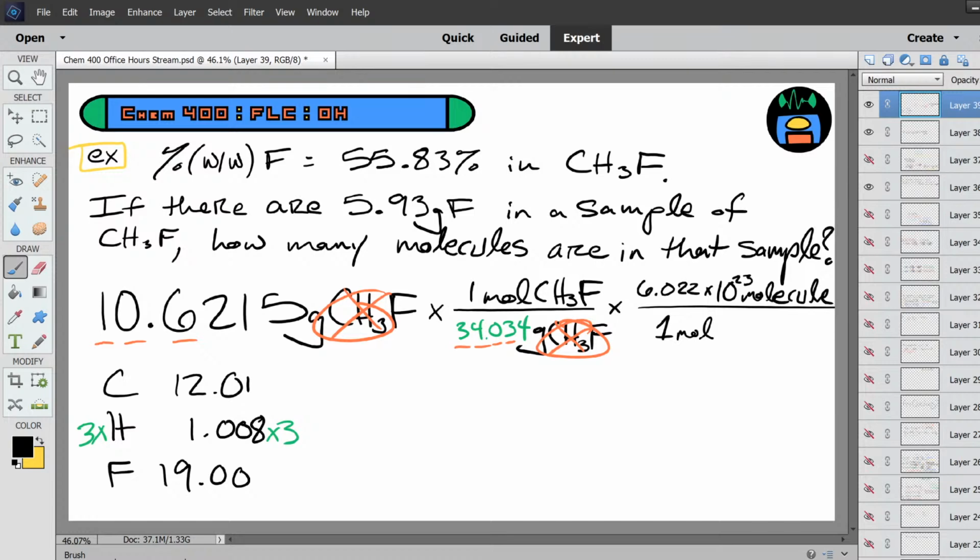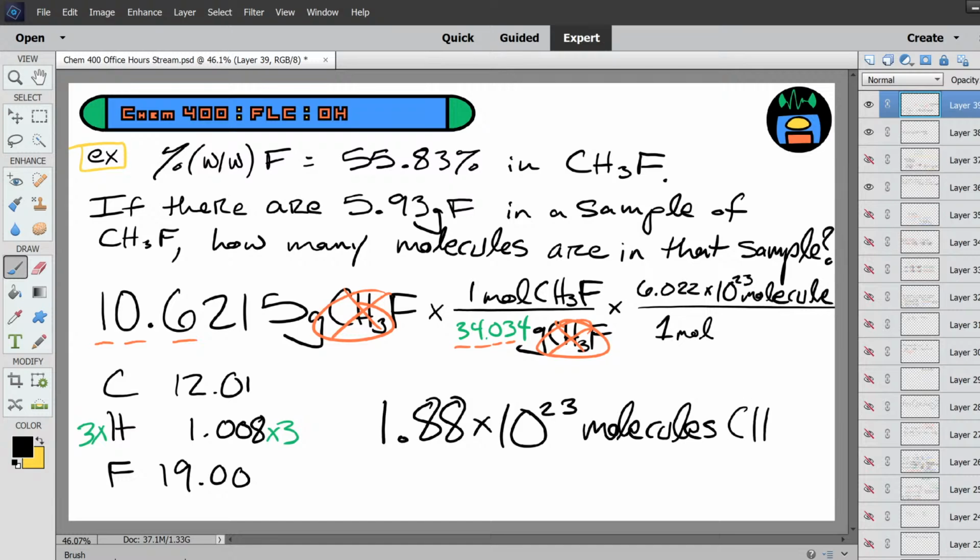So we got 10.6215 divided by 34.034 times 6.022 times 10 to the 23rd, which, rounding to 3 sig figs, is 1.88 times 10 to the 23rd molecules of CH3F.